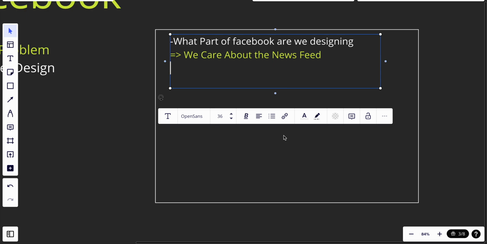I would say, what are the important features?